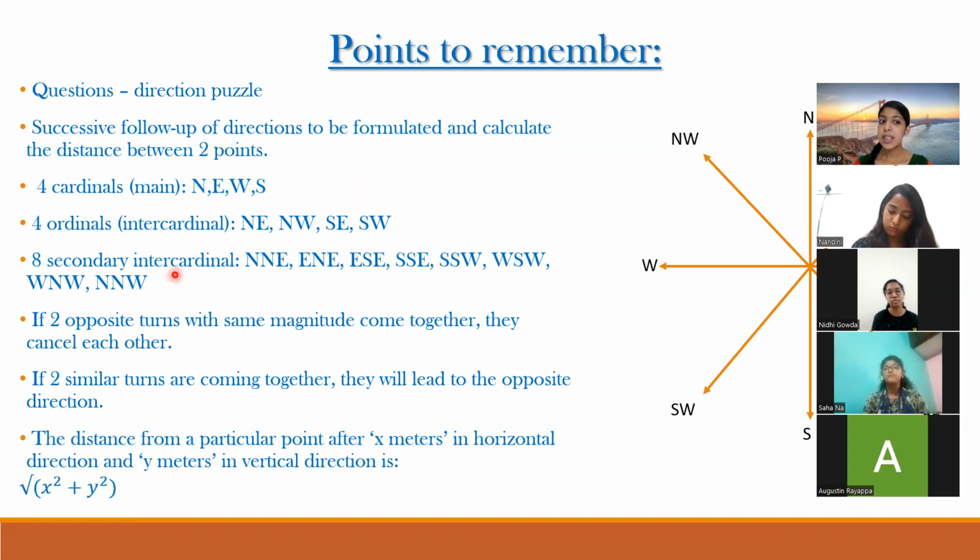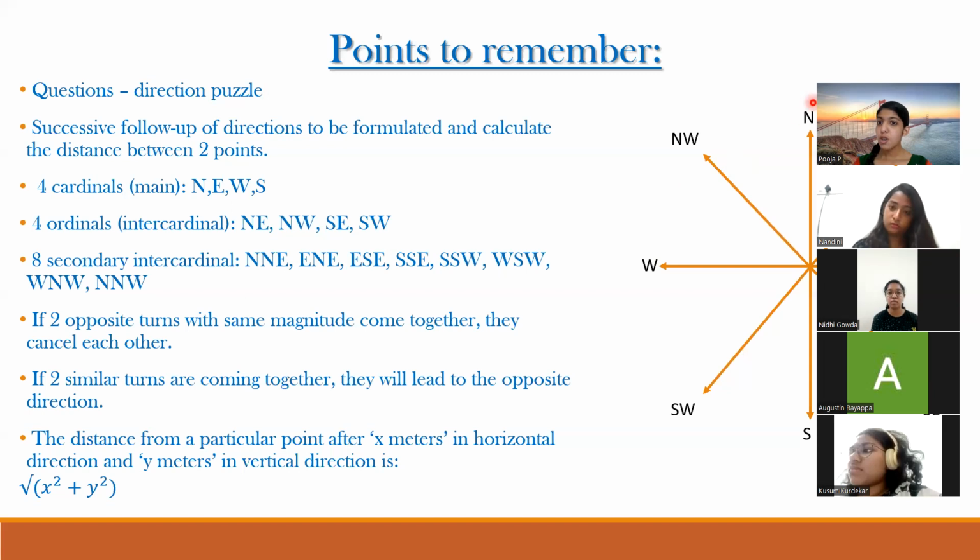There is something called secondary intercardinal. This is nothing but the subdirections of each of these. What comes between north and northwest, there will be a bisector here, which will be called north northwest.